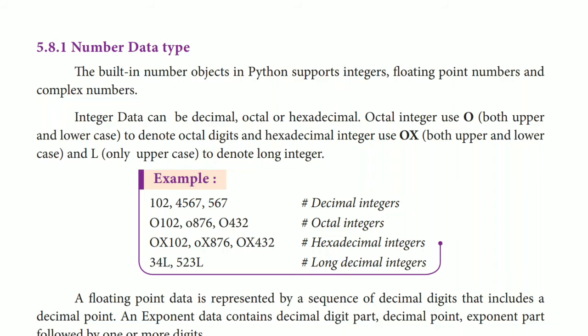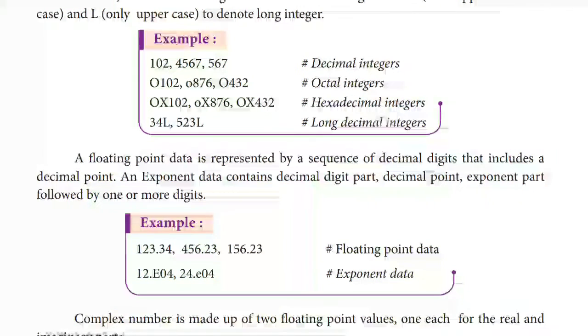Next is floating point. Floating point is represented by using decimal valued numbers. Fractional numbers can be used to denote them. A floating point data is represented by a sequence of decimal digits that includes a decimal point.